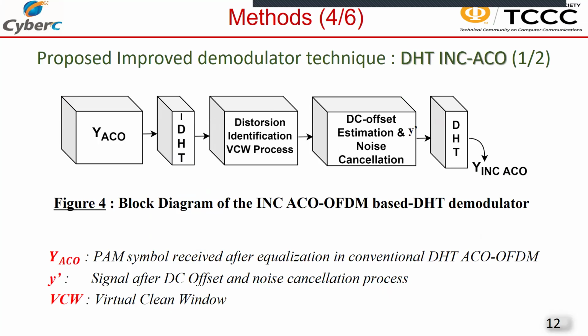According to the anti-symmetry property and zero clipping operation, we realize the virtual clean window process, which can be simplified to a series of pair detections between two hypotheses before DC offset with noise cancellation estimation, followed by a discrete Hartley block and the data recovery.